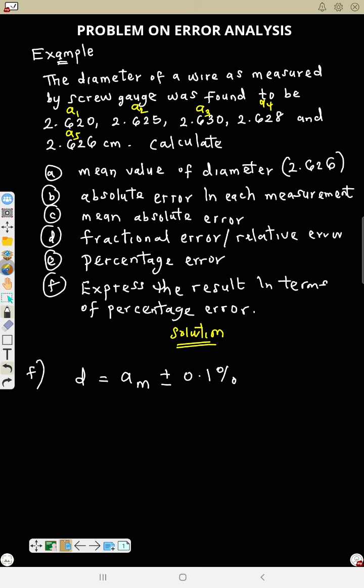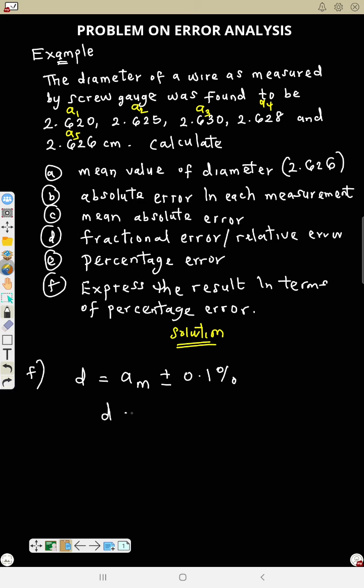To express that in percentage error, for the diameter you use the true diameter, which is the mean value. The mean value is our AM, plus or minus 0.1%.